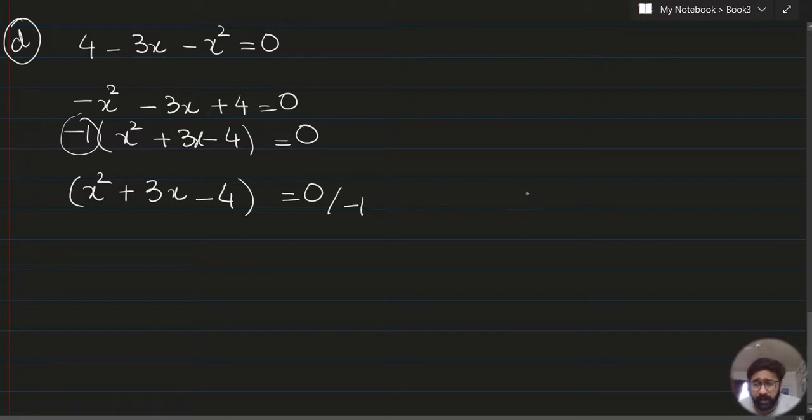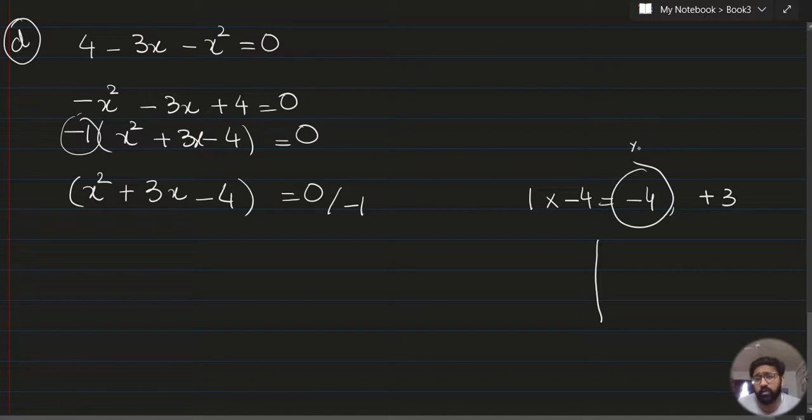So if I multiply 1 with minus 4, I get minus 4, and the middle term is plus 3. So I need to find two numbers so that they multiply and give me minus 4, and if I add or subtract them, they give me a plus 3.